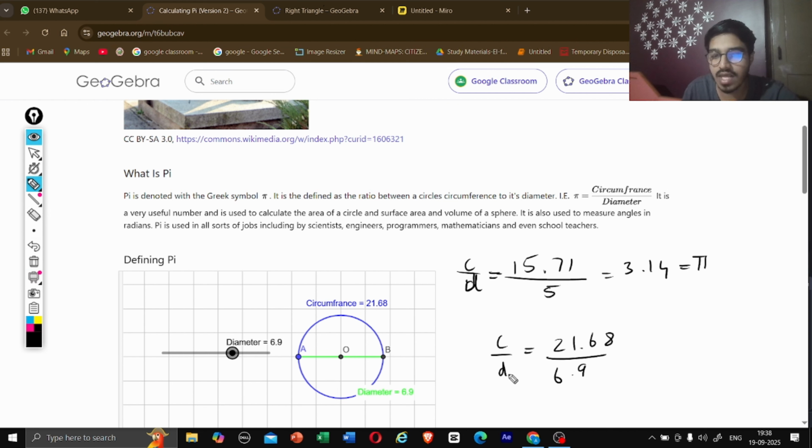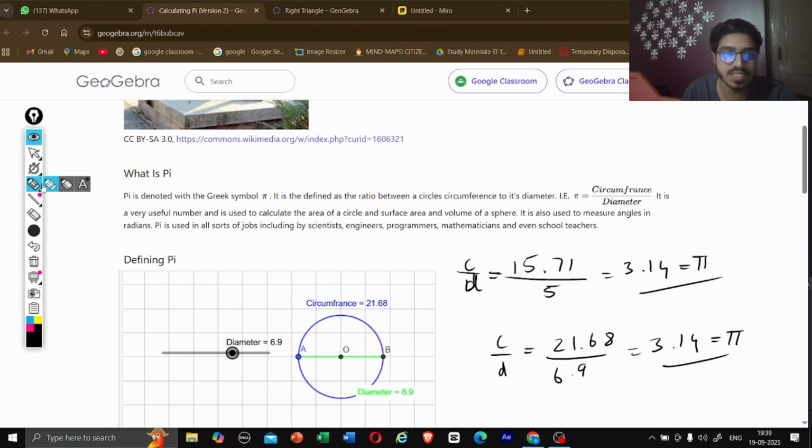So whenever you divide the circumference by the diameter, you get the value 3.14, which is equal to pi. You are like, wow, is it? This is amazing, right? Whenever you take the circumference and divide it by its diameter, you get the value 3.14.